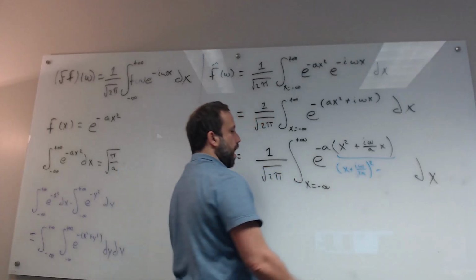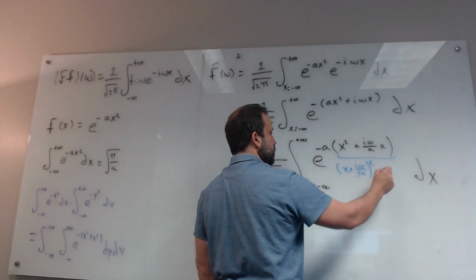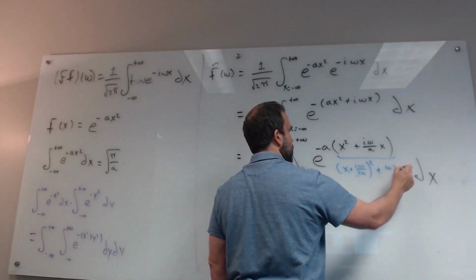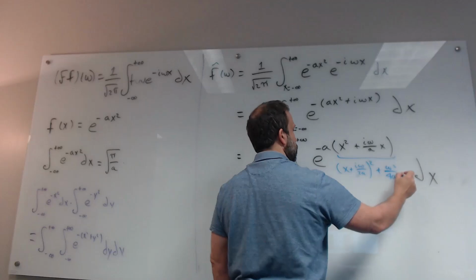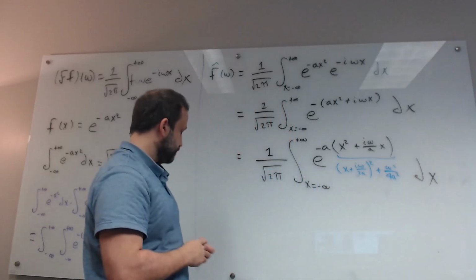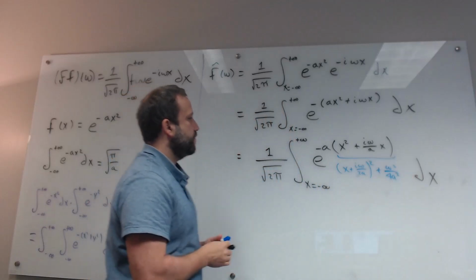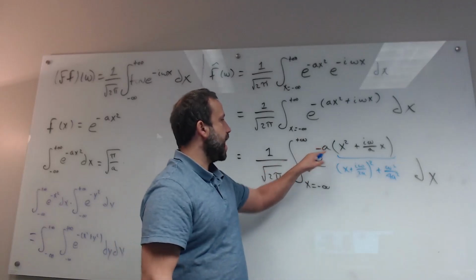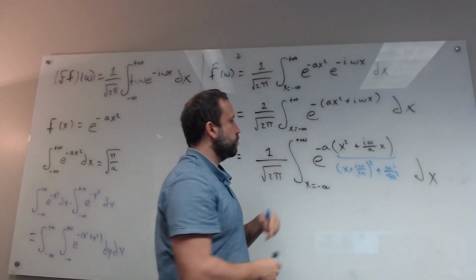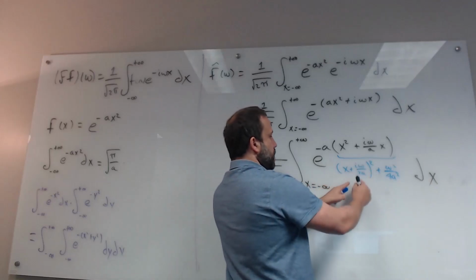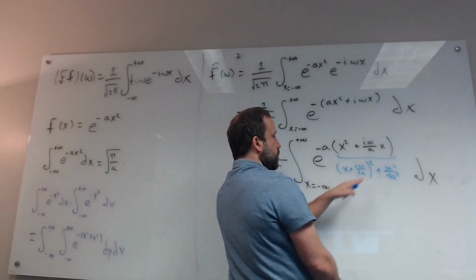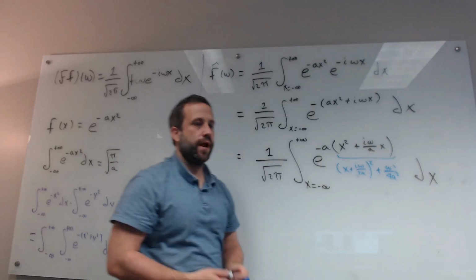So that's going to be minus i squared, but i squared is minus 1, so it's going to be plus omega squared over 4a squared. Okay, so now the exponent is minus a times x plus i omega over 2a, that whole quantity squared, plus omega squared over 4a squared.